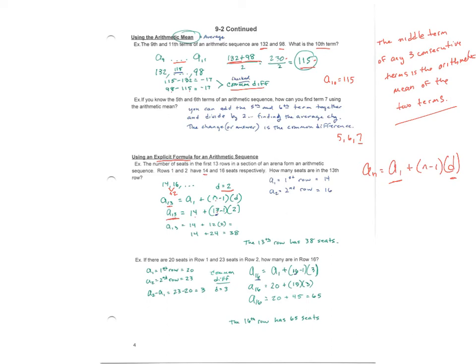I replaced n with 13, and then 13 minus 1 became 12, times the common difference 2. Doing my order of operations, I have to multiply 12 times 2 first, then add it to 14, giving me 38. So the 13th row of my arena has 38 seats. So there I'm using the explicit formula for an arithmetic sequence, going to a certain row.